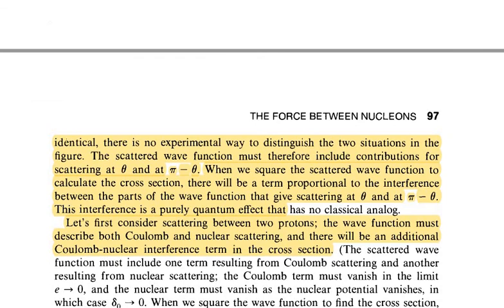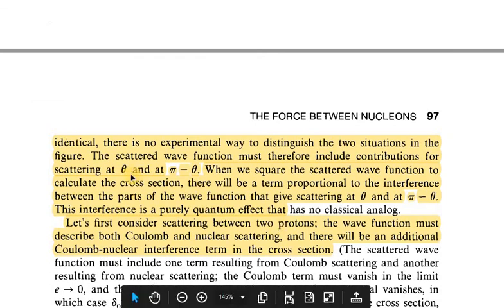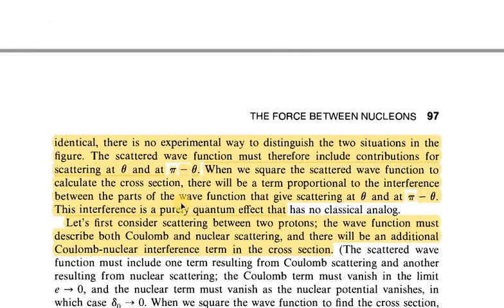The scattered wave function must therefore include contributions for scattering at theta and at pi minus theta. When we square the scattered wave function to calculate the cross section, there will be a term proportional to the interference between the parts of the wave function that give scattering at theta and at pi minus theta.